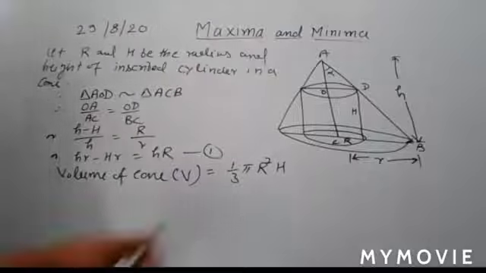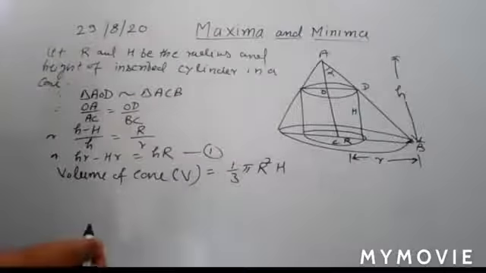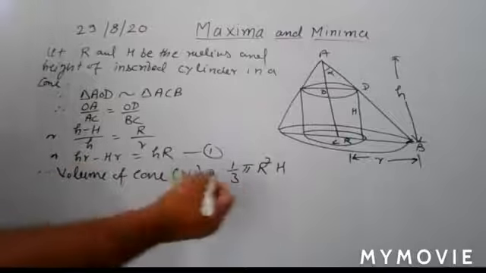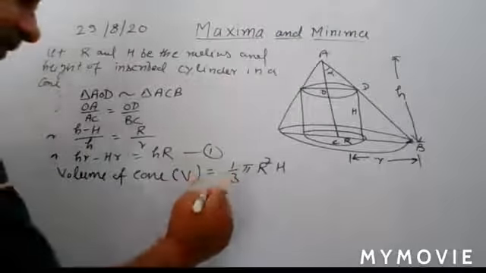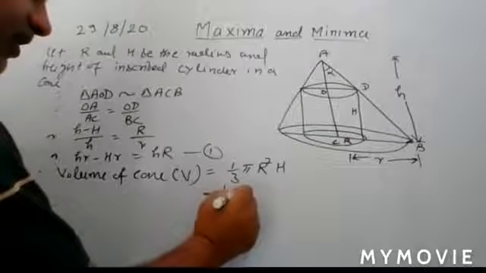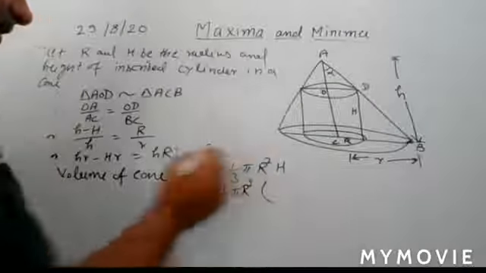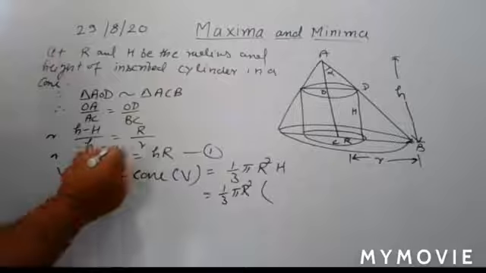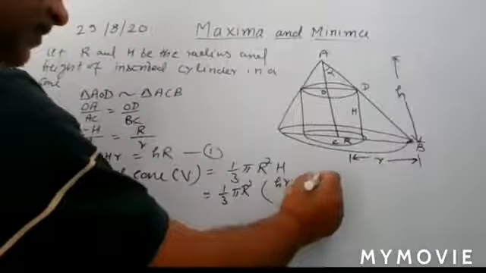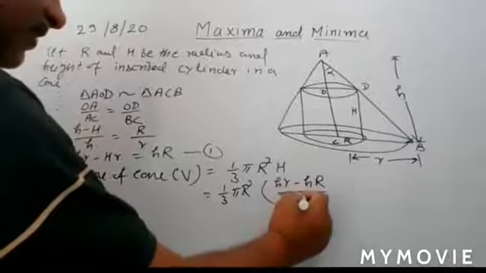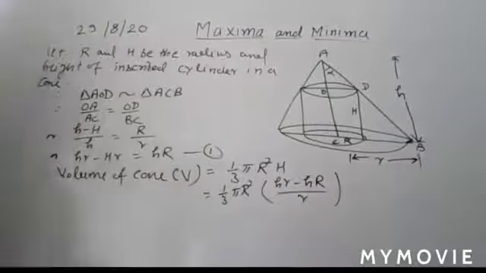If you want to eliminate H here, you have 1 upon 3 pi r square, and the value of H can be written as (h r minus h capital R) divided by small r. You can write it in this way.